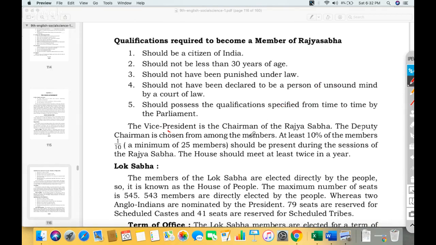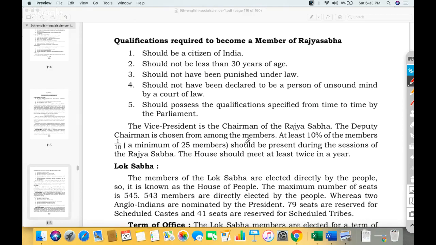Okay. And at least 10% of the members, a minimum of 25 members, should be present during the sessions of Rajya Sabha. This is called quorum. For any house to run, this quorum should be maintained, which is 10% of the members of the house.